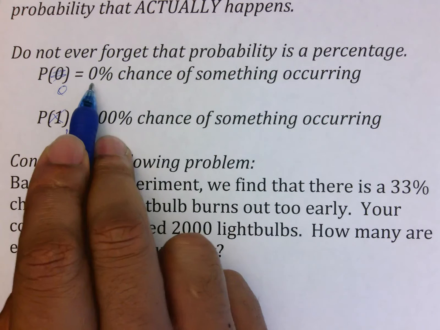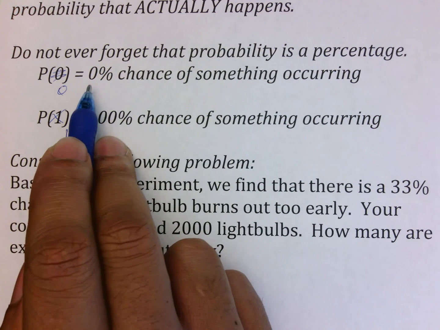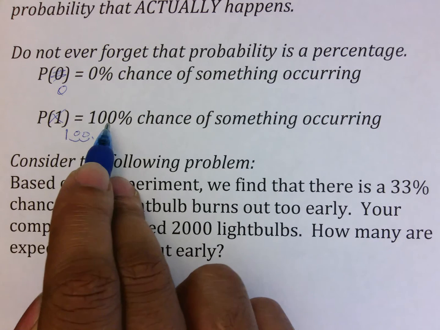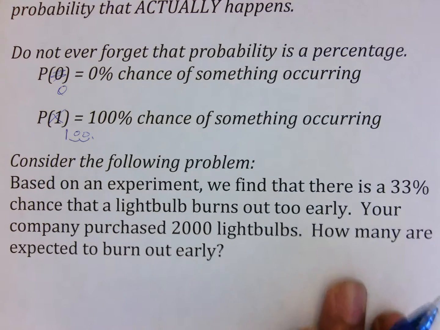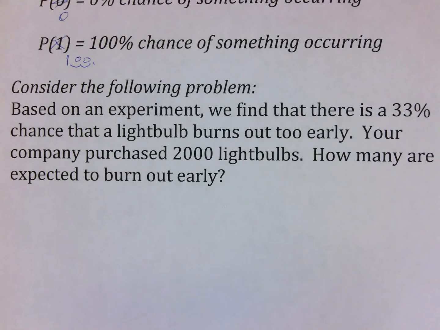So something with a probability of 0 is like rolling a single six-sided die and getting a 7. Or a probability of 100% is flipping a coin and getting heads or tails, because you're going to get one of those two. Like I said, 100% means it's going to happen all the time. 0% means it's never going to happen.